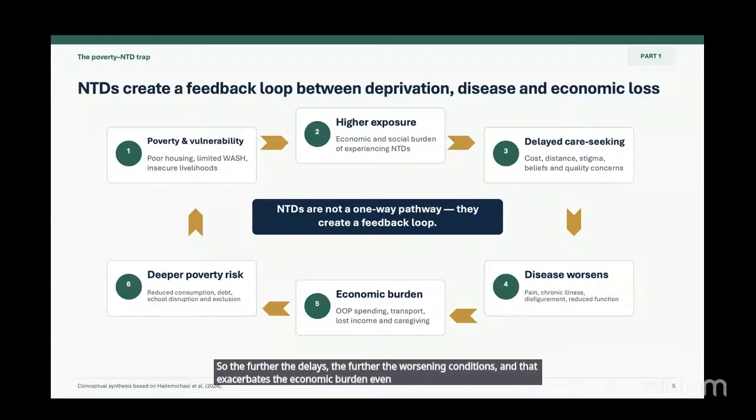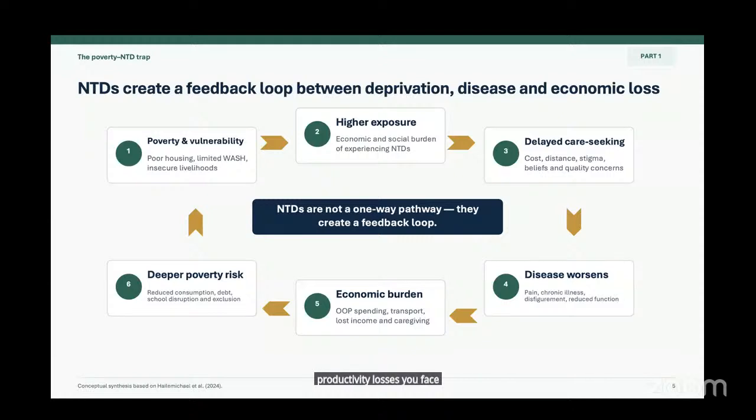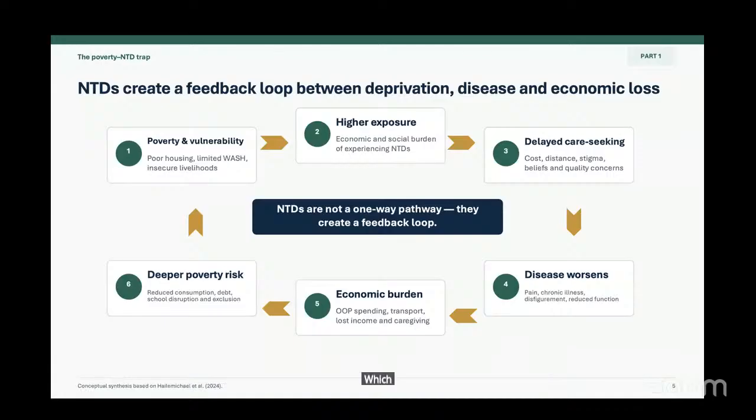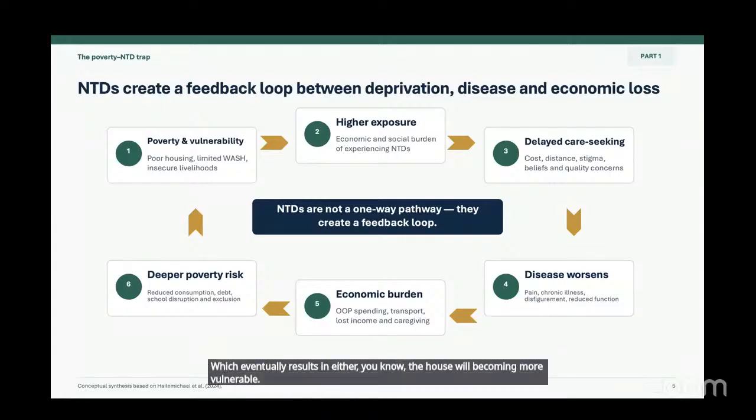So the more you delay, the more money you would need for the treatment, the more productivity losses you face, the worsening livelihood conditions, and that pushes the household further into poverty risk, which eventually results in either the household becoming more vulnerable, becoming poor if they were not poor before, or moving even deeper into poverty if they were already poor. So that's how the cycle starts.